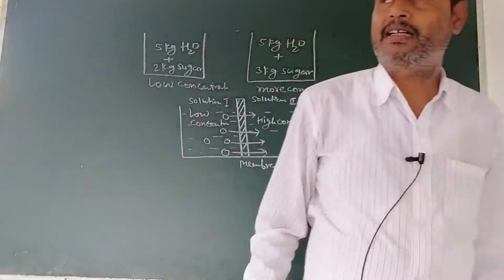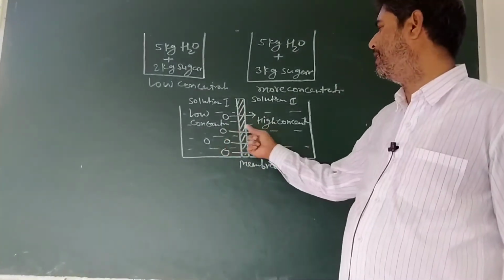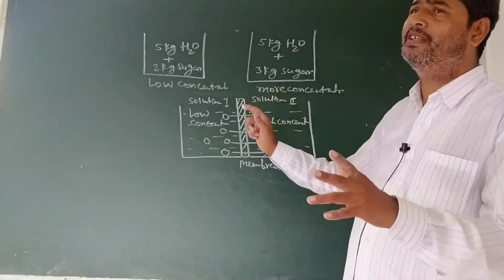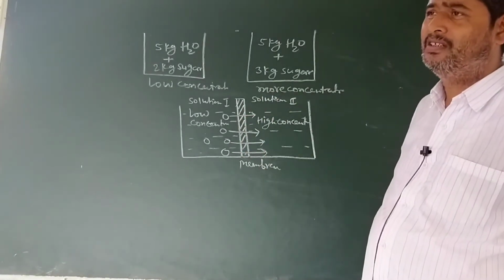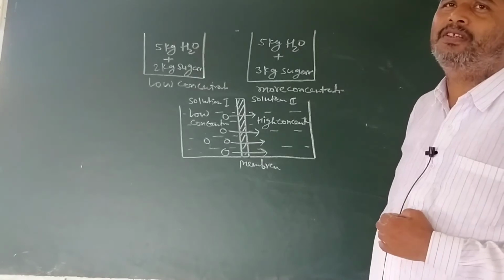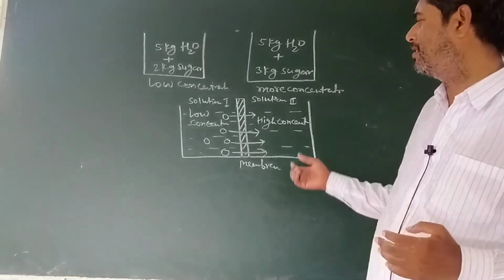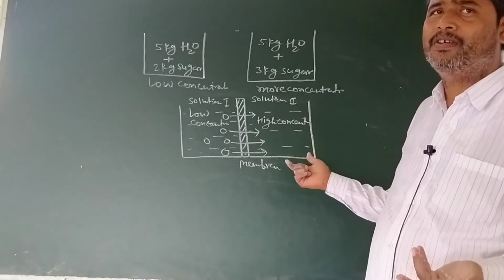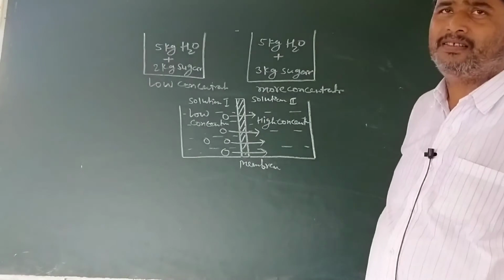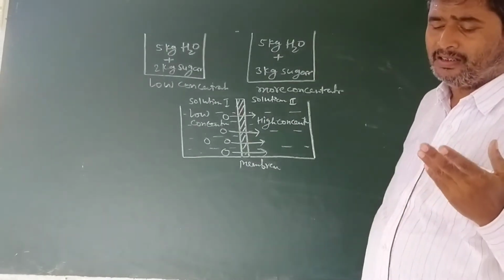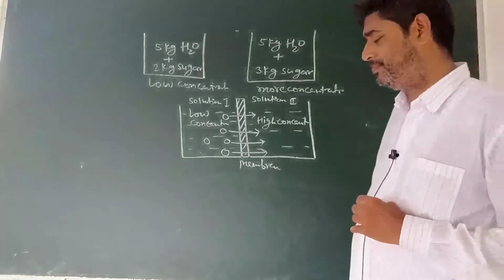The process of osmosis is continued till concentration in both chambers becomes equal or chemical potential becomes equal on both sides, that is for the first solution as well as for the second solution.